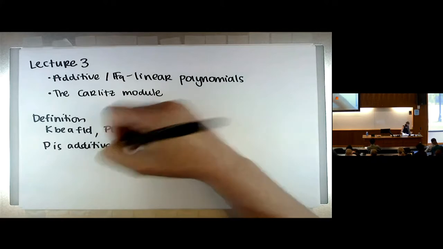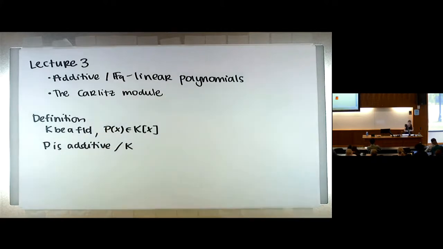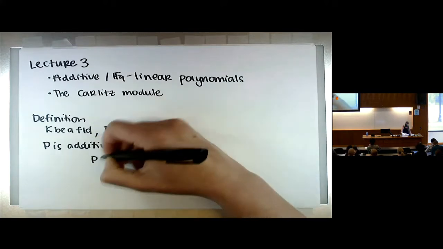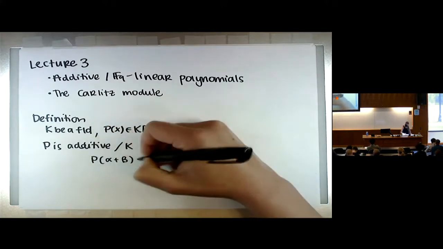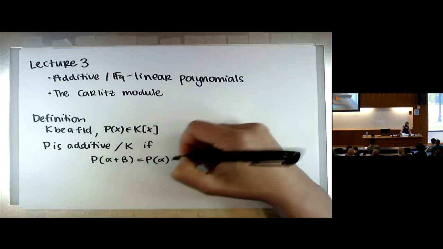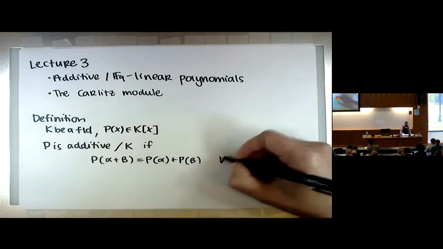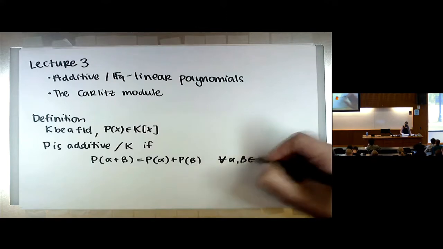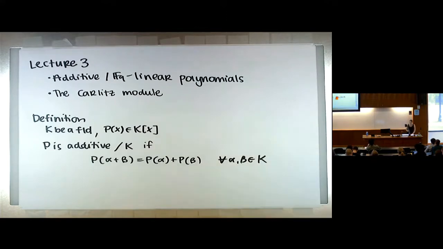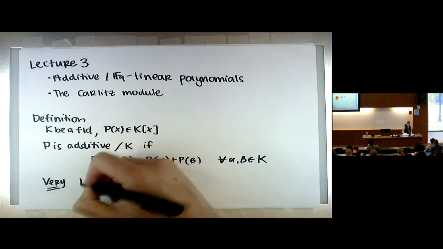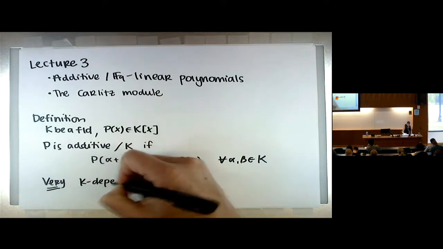Okay, and I really should say, I didn't last time, but say something about the field, because I will define it in this way. If P of alpha plus beta is P of alpha plus P of beta for all alpha and beta in that field. Okay, and so this is very K dependent.